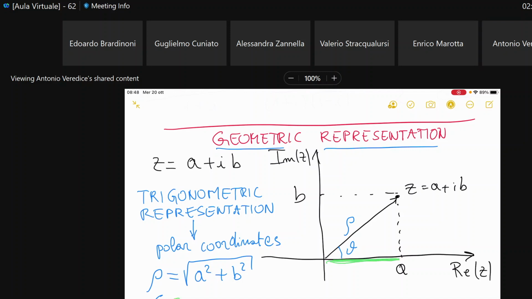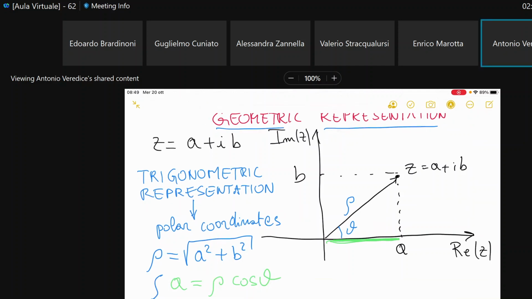So A is given by the product of rho, the length of the vector, times the cosine of theta. While B, the second component, so the imaginary part of the complex number, is given by rho times the sine of theta.